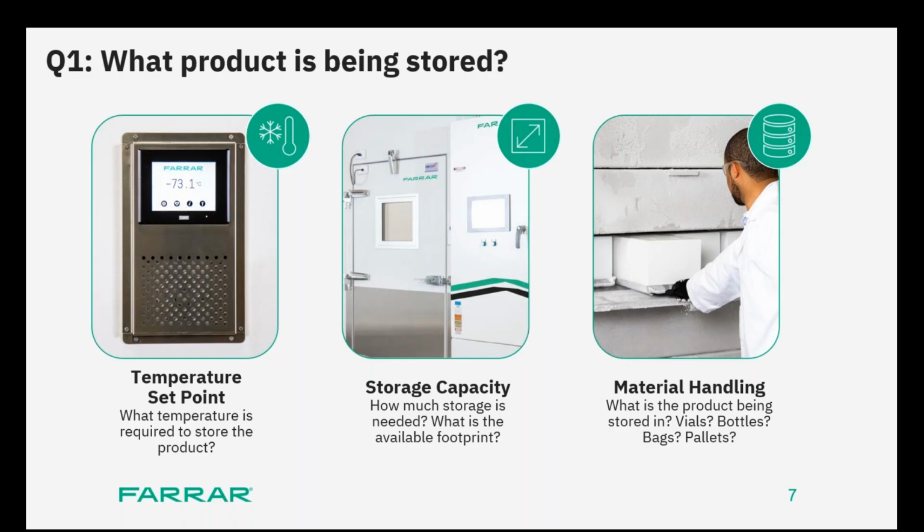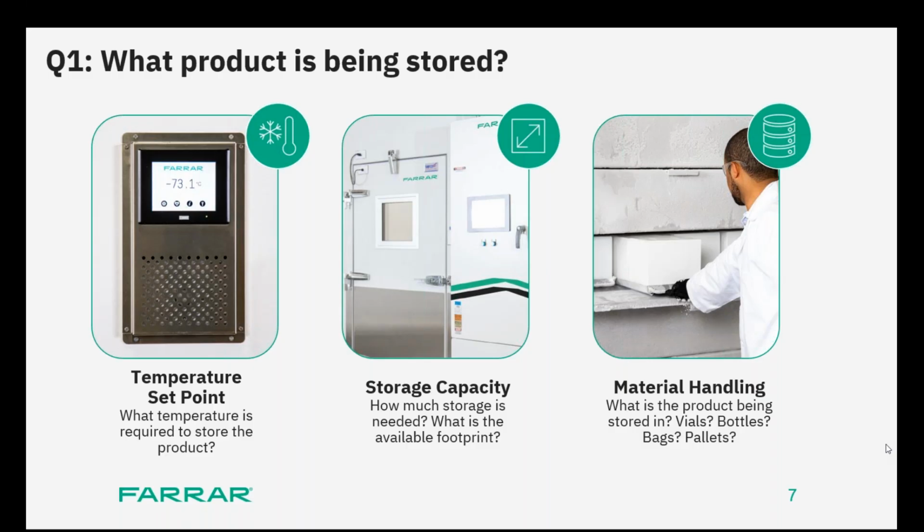So whether the chamber could be ICH, GMP, cGMP, or validated, you want to pinpoint exactly what's going on, and you need to have the precise details to be able to calculate load calculations and have the chamber do what it needs to do. For example, we're going to find out what your temperature and volumetric uniformity will be, and also if you have a humidity variance that's needed.